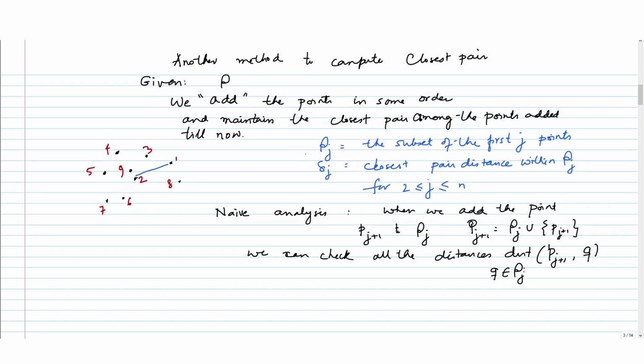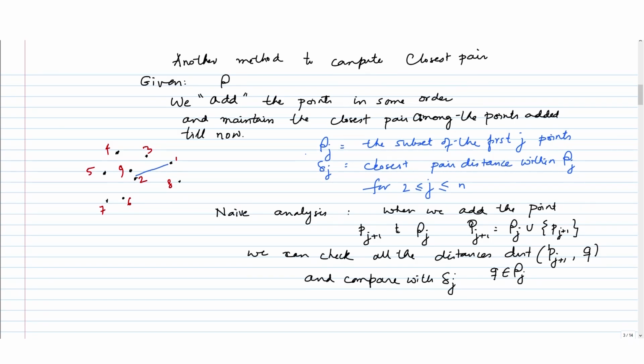So when the next point comes in, I check the distances with respect to all the points and compare with delta j.